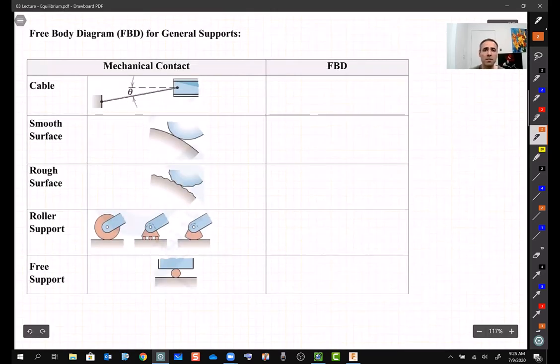Since this free body diagram is an important thing, let's look at the common supports that we may encounter in design, in reality. So we start with a very, very simple one, a cable. A cable is a support, something that's hanging from somewhere, or we want to keep something in a certain position. Like here, in the first one, we use a cable. Remember when we show in this course something like that, it means a wall or ground, right?